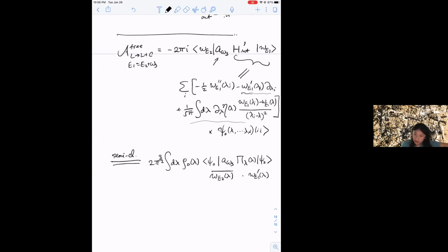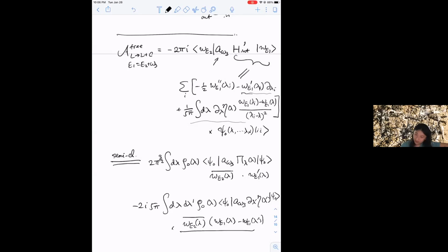And the second term gives rise to something that looks like the following: rho naught of lambda, psi naught a omega 3, partial lambda prime eta of lambda prime, psi naught, times WE2 of lambda bar, WE1 of lambda minus WE1 of lambda prime over lambda minus lambda prime squared.